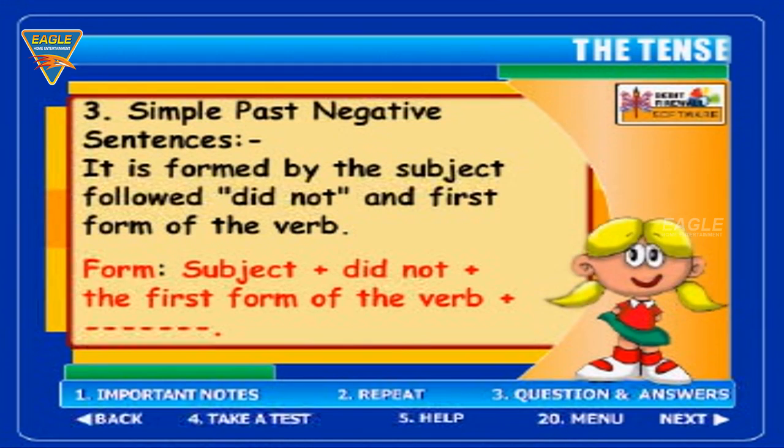Simple past negative sentences. Formed by the subject followed by did not and first form of the verb. Form: subject plus did not plus the first form of the verb.